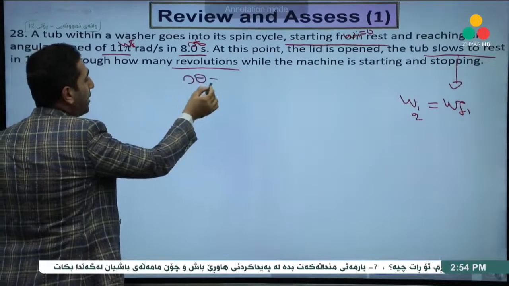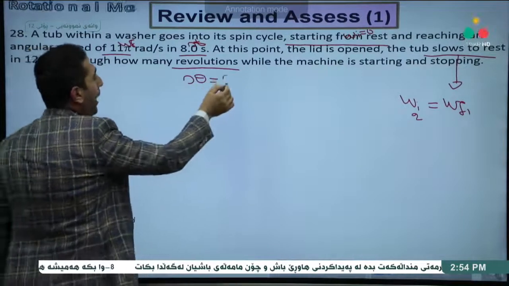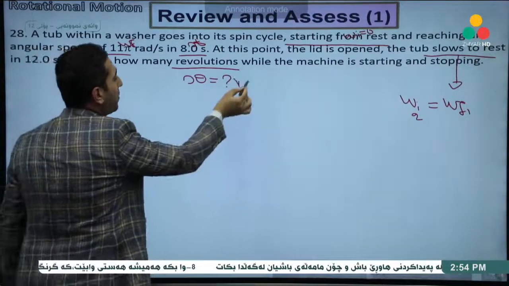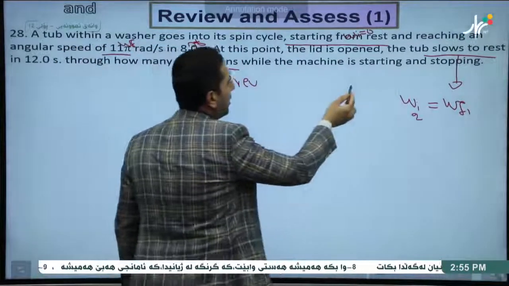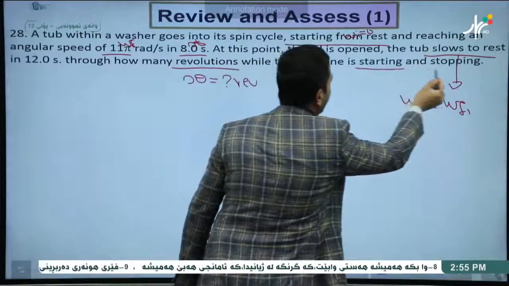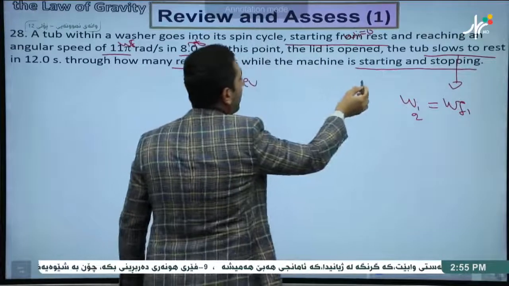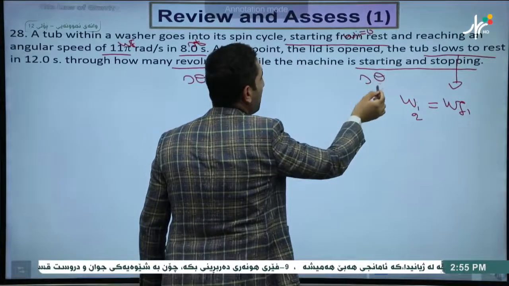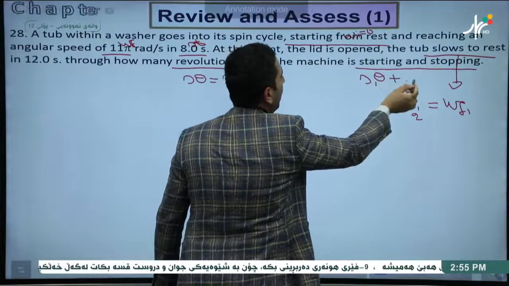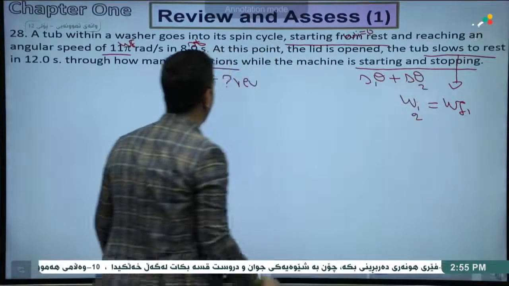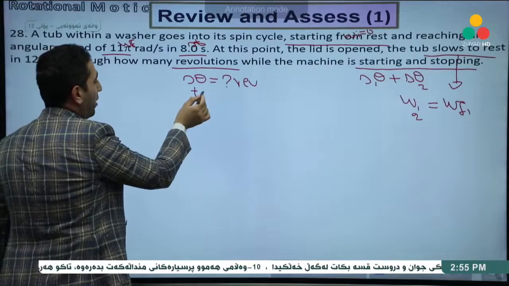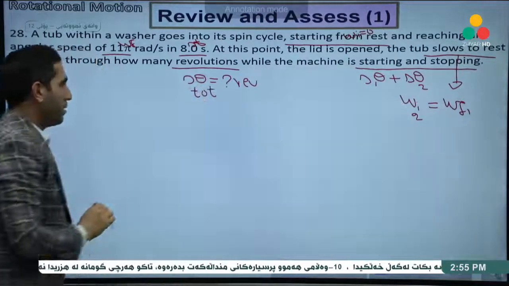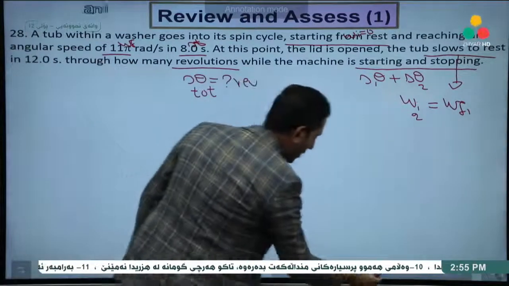Find angular displacement by revolution while the machine is starting and stopping. Find delta theta 1 and delta theta 2, then find the total angular displacement.